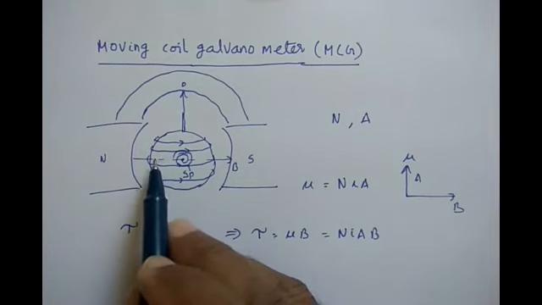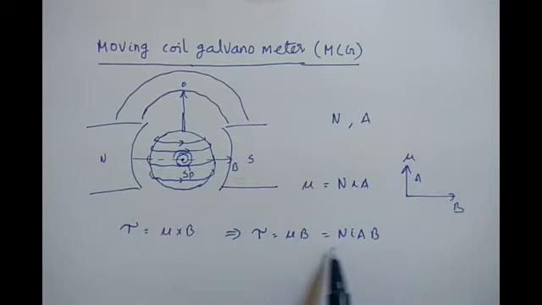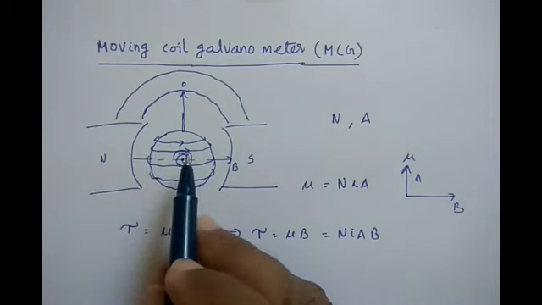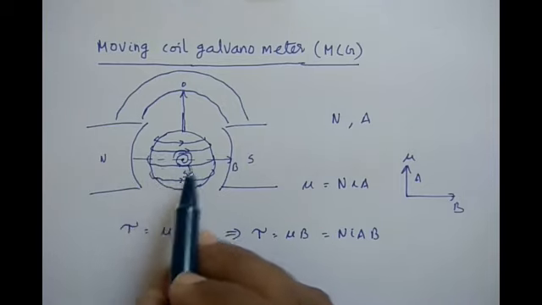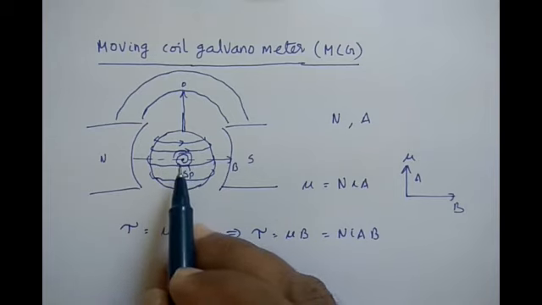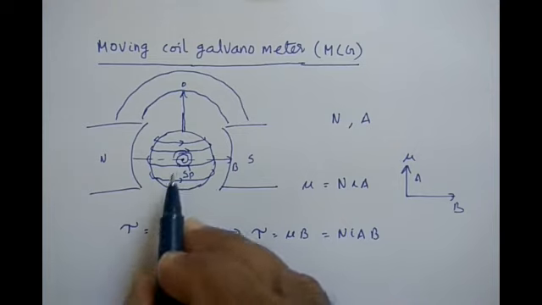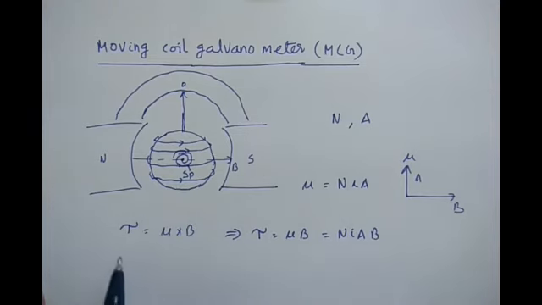So whenever there is a torque, the coil rotates in this field. When the coil rotates in this field, you see the twist in the spring. Whenever there is a twist in the spring, the spring will give a counter torque, and that torque is equal to, let us say, K phi.